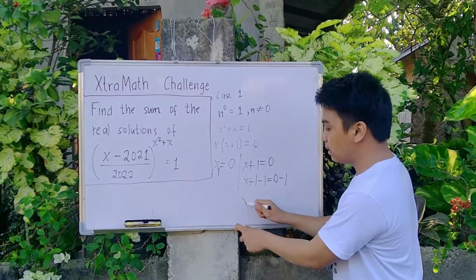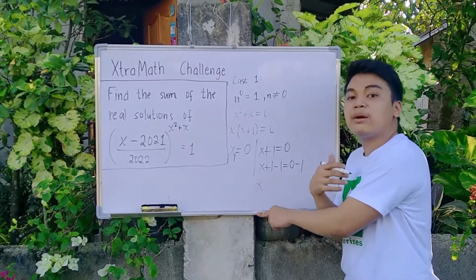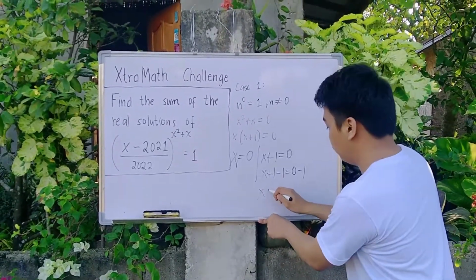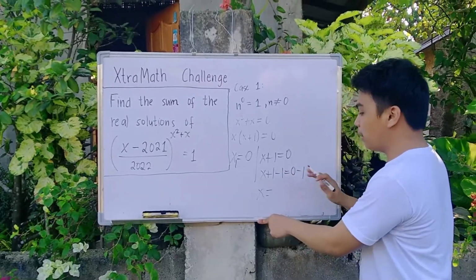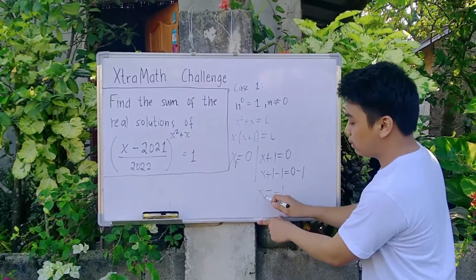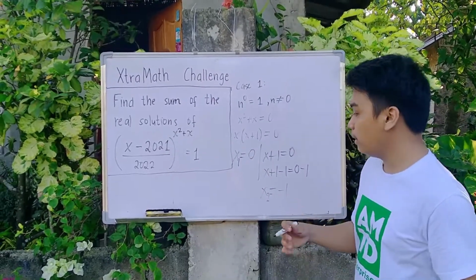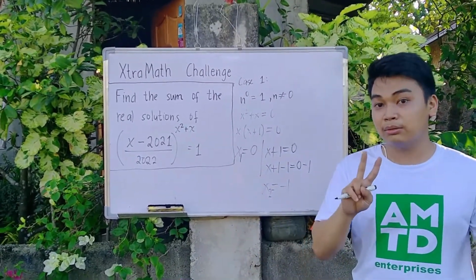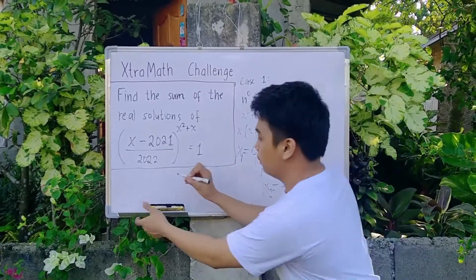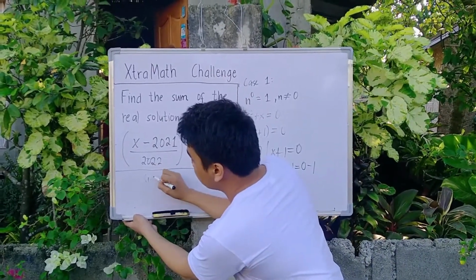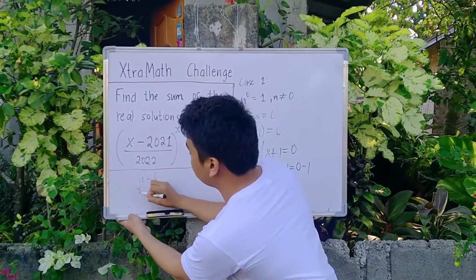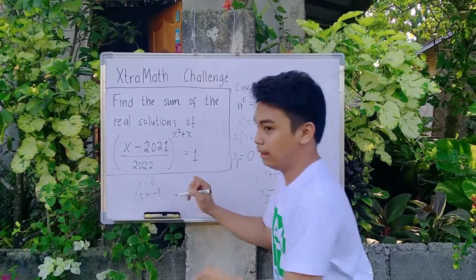So, x, 1 minus 1 is equal to 0, and 0 minus 1 is equal to negative 1. So, ito yung second real solution natin. So, for case 1, meron na tayong nakuhang dalawang real solution. The first solution is 0 and the second solution is negative 1.